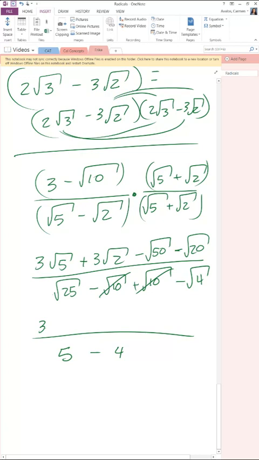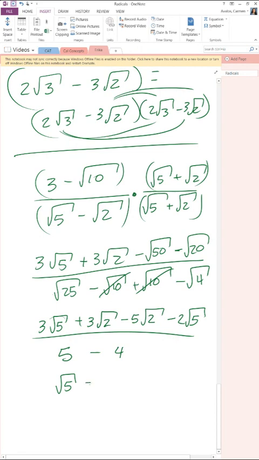On the top, you have 3 square root of 5 plus 3 square root of 2. And then there's a 25 in there, so 5 square root of 2, and then minus, there is a 4 in there, and so that's going to be 2 square root of 5 there. And so you combine, and now we could add, because I have 3 square roots of 5's and negative 2 square roots of 5's there, so I end up with square root of 5.